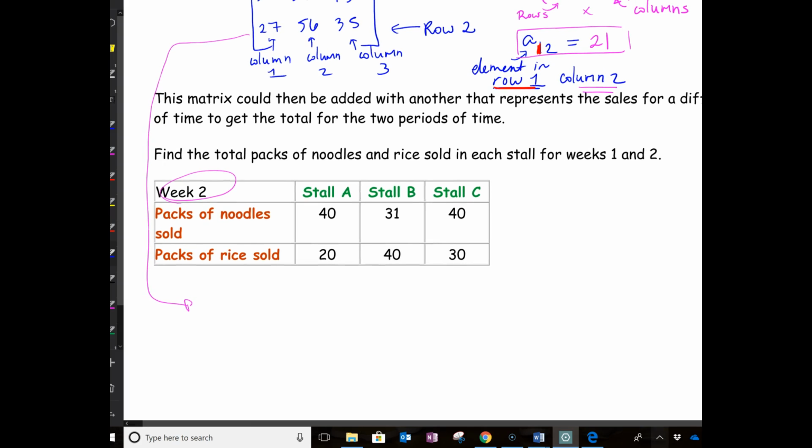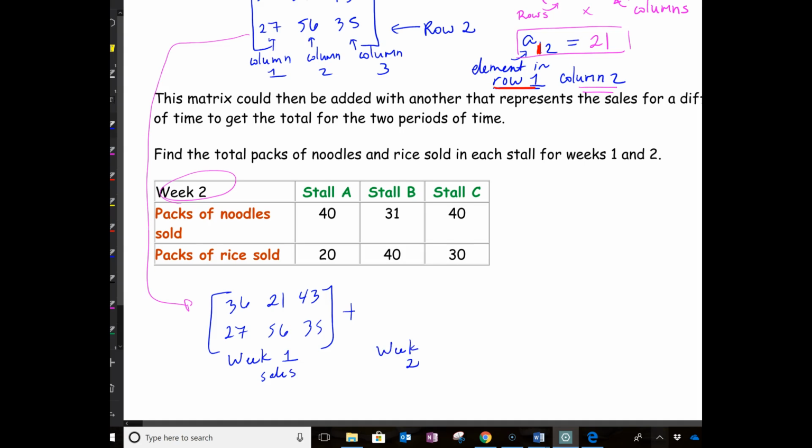performed. So if I take that first matrix of 36, 21, 43, and 27, 56, 35, and I add this to the week 2 sales, so this would represent week 1 sales, and add this to week 2.